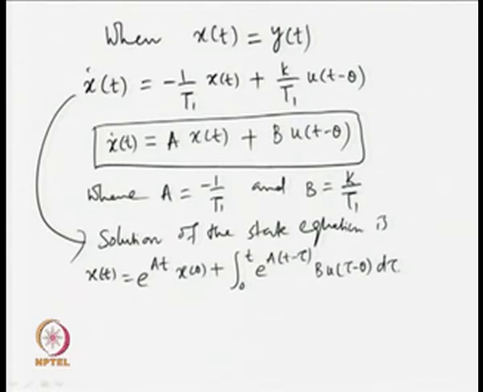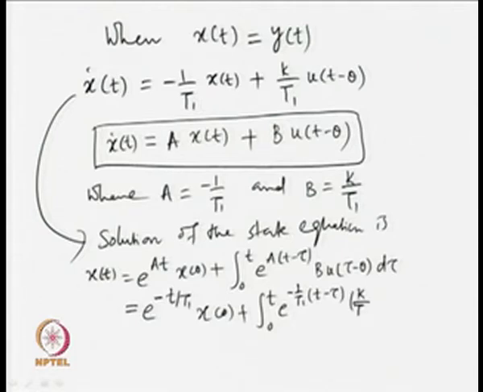Then the solution of this equation using the standard solution for the state equation can be obtained as e^(−t/T1) x(0) + integration from 0 to t of e^(−(1/T1)(t−τ)) (k/T1) u(τ−θ) dτ.